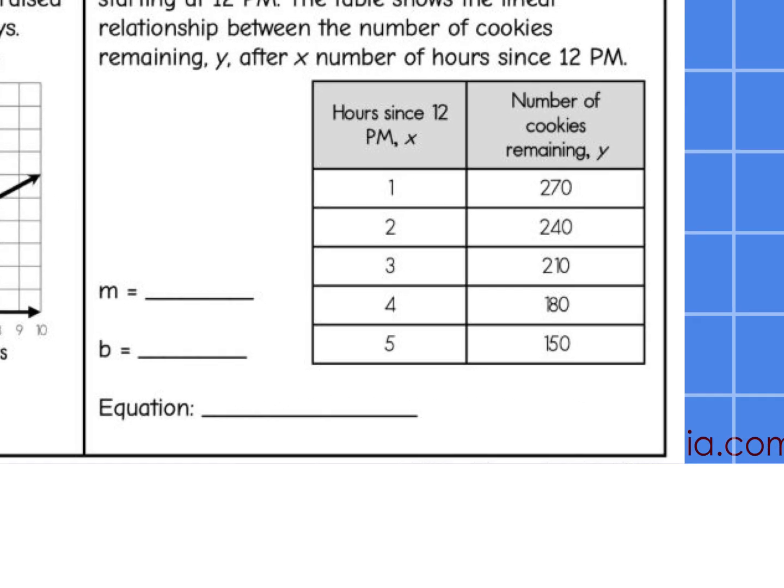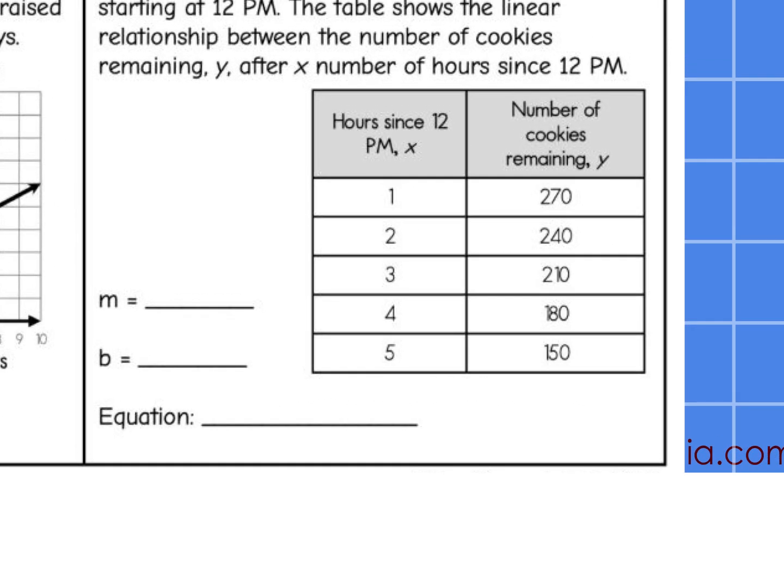Last one is a table. Now this one does not have the 0, but we can figure it out. We can work backwards. Start with your slope. We are going down. We're losing 30 cookies every 1 hour. Yummy cookies. So negative 30 over 1. So if we follow that pattern, 0 plus 1 is 1. So something minus 30 is 270.